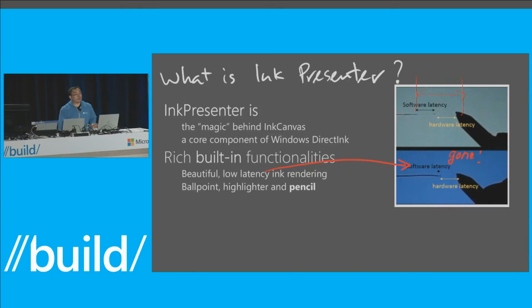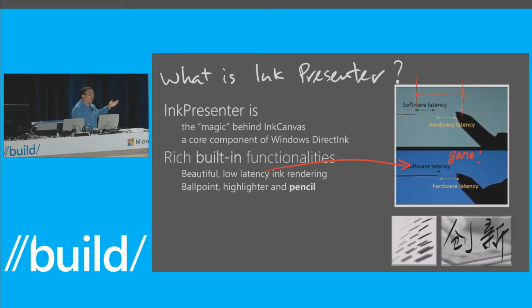Also, Ink Presenter solves another challenging problem, which is how to have a pen-on-paper type of experience, with ink that is beautiful, smooth, and natural. As you have seen, Ink Presenter has built-in support for ballpoint pen, and you can configure it to have a calligraphy type of effect, a highlighting pen, and also, as we announced in the Anniversary release of Windows, we have built-in pencil texture.